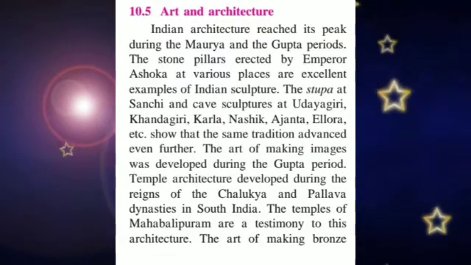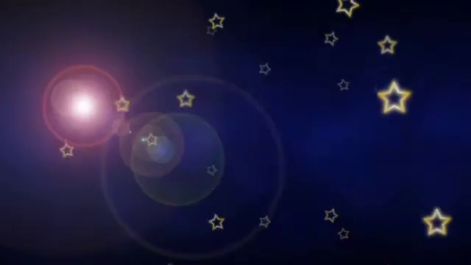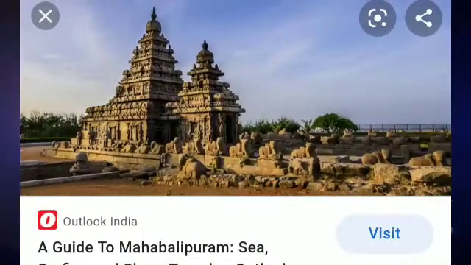Temple architecture developed during the reign of the Chalukya and Pallava dynasties in South India. So the temples of Mahabalipuram are a testimony of this architecture. Testimony means what? Statements made by a witness, means this is a witness to great architecture.